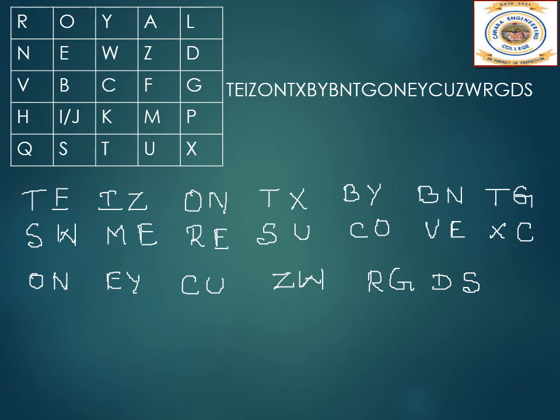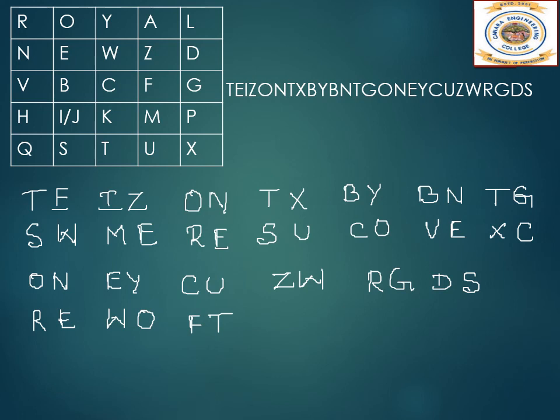Next is O, N. For O it is R. N it is E. E, Y. E it is W. Y it is O. C, U. C is F. U is T. Z, W. So Z and W, same row.